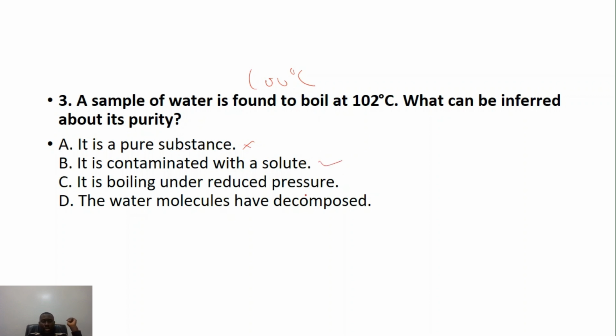Its boiling point is boiling under reduced pressure. This is not correct, because if water boils under reduced pressure, the boiling point is usually lower. The water molecules have decomposed. No, this is not correct. So the answer is B.